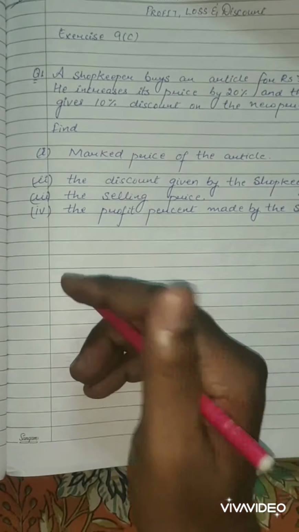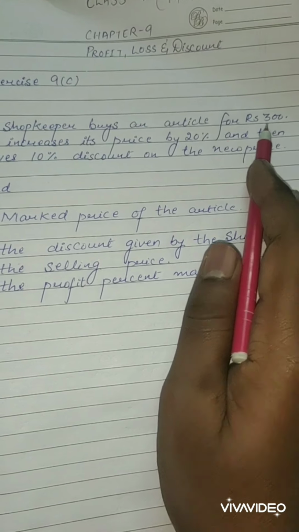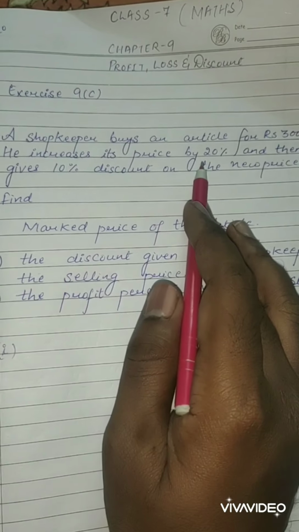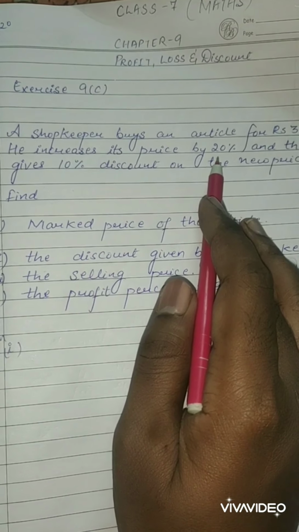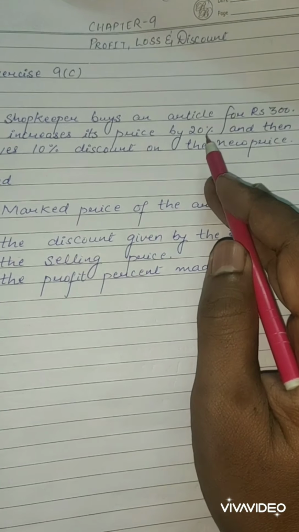So the first part is asking what is the mark price of the article. How will we get the mark price? We see the original price of the article, that is 300, and the price is increased by 20%.